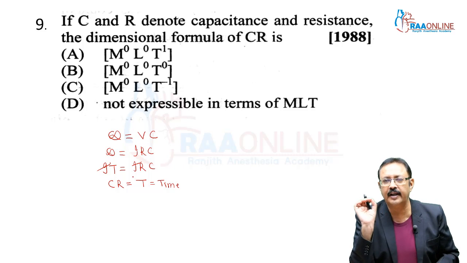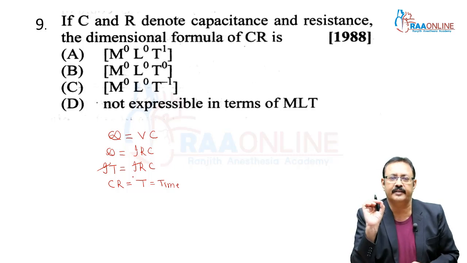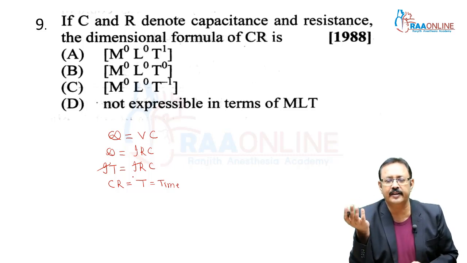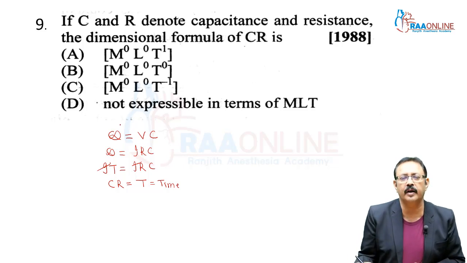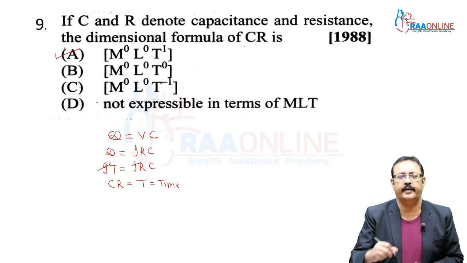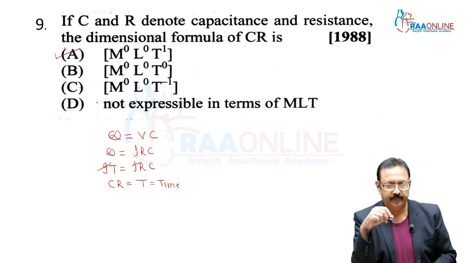So if we know that, CR is the time constant, no need to solve, it is time. C into R means time. So we are going with formula M0 L0 T. So we are going with option A, time.